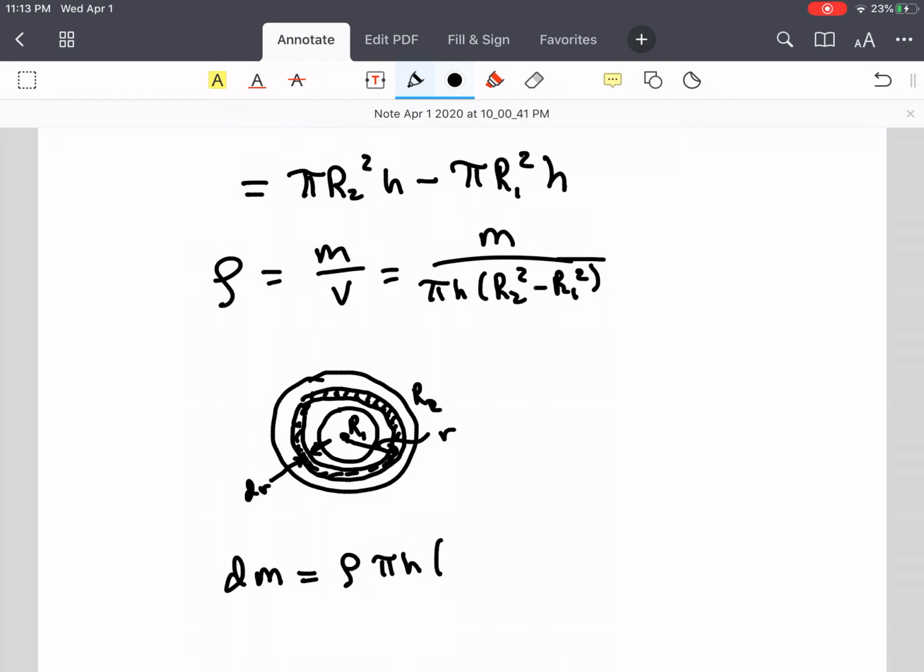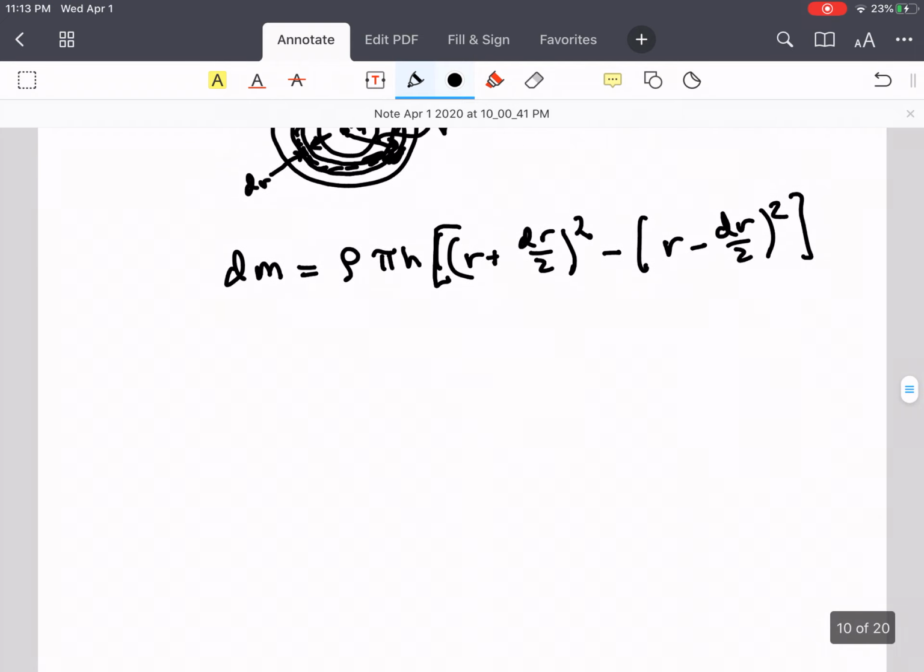Well, what's the outer radius of this little slice right here? The outer radius is just r plus half of that width, dr over 2. What's the inner radius? Well, it's just r minus dr over 2, squared.